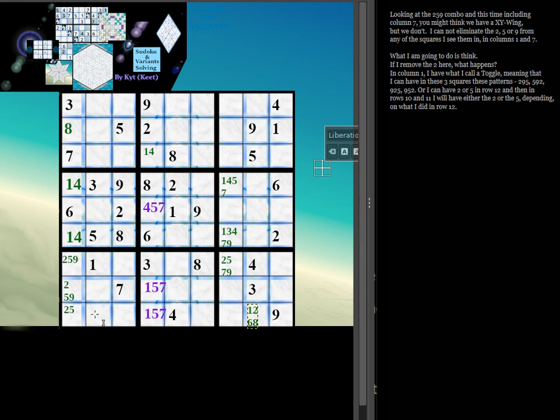Column 1, I have what I call a toggle, meaning that I can have in these 3 squares, these patterns, 295, 592, 925, or 952. Or I can have 2 or 5 in row 12, and then in rows 10 and 11, I will have either the 2 or 5, depending on what I did in row 12.